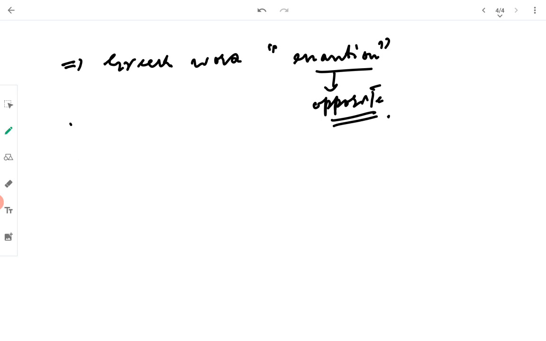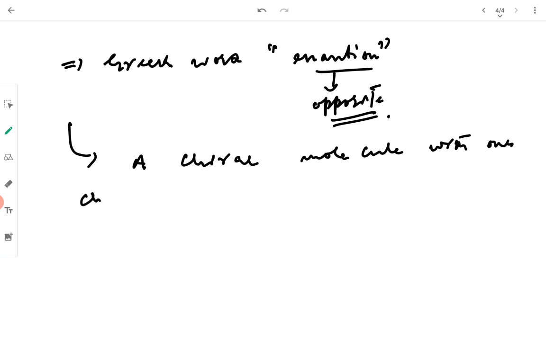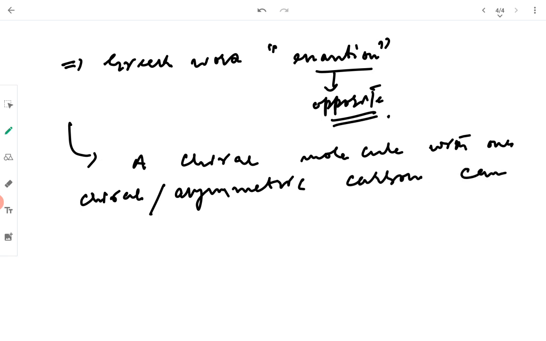So a chiral molecule with one chiral or asymmetric carbon can exist as two enantiomers.